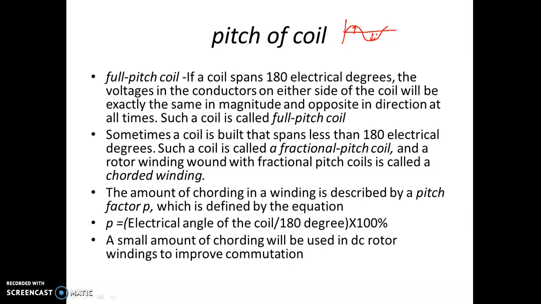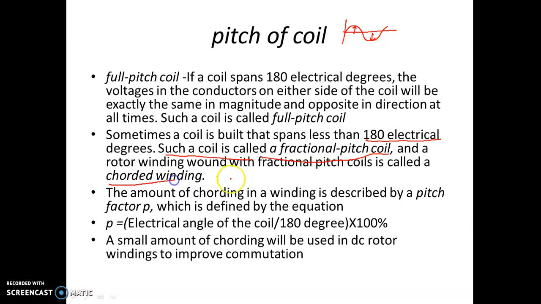Sometimes a coil is built that spans less than 180. Sometimes we need to design a coil whose electrical angle is less than 180. It means the other coil side you have to put at less than 180 degree. So that is called a short pitch or fractional pitch coil, and a rotor winding wound with fractional pitch coils is called chorded winding.